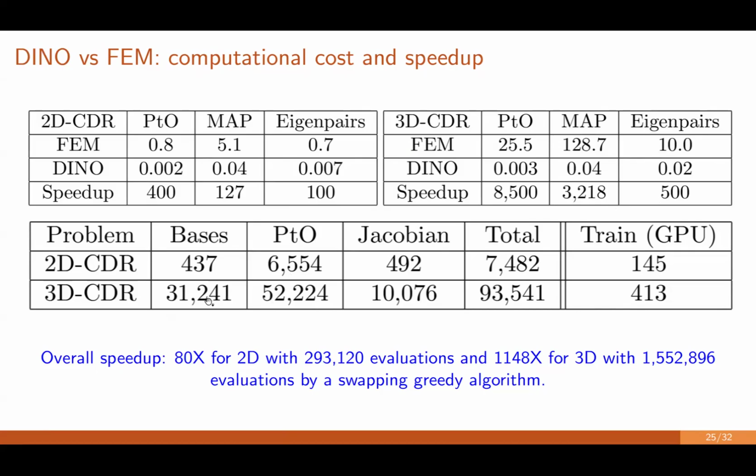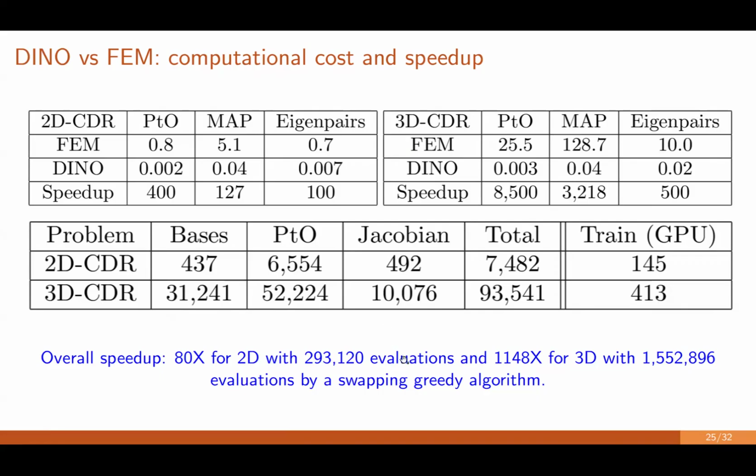And we also take into account our offline and training computation time. We need to compute the reduced basis, and we need to compute the offline training data of the map and the Jacobian. This is the total cost, and this is the training time. By taking into account this offline computation and training time, we can deploy our surrogate into the online computation in the greedy algorithm, right?